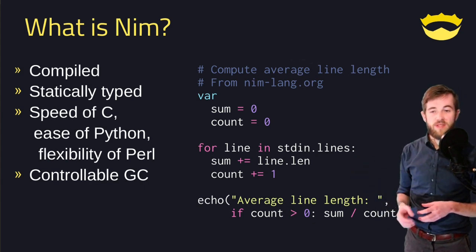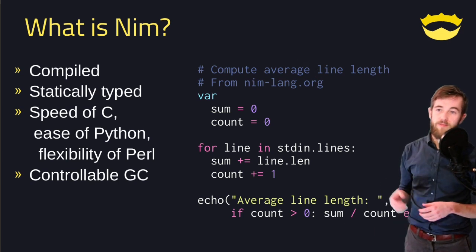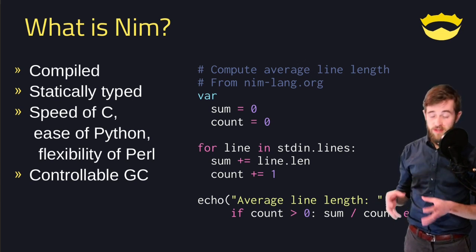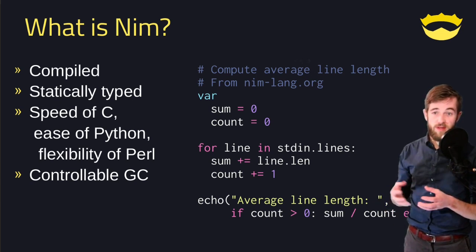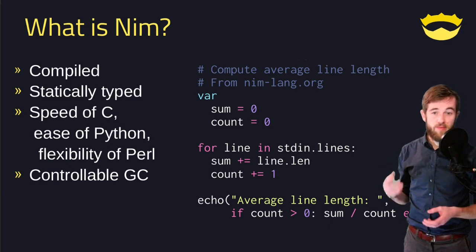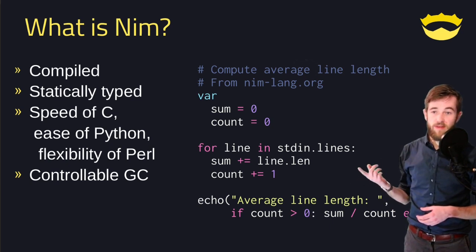It's super easy to write, as you can see. It has the speed of C, as we saw in the last slide, the size of C, and compiles down to single binaries on computers. And as we will see with the metaprogramming stuff, it's a really flexible language.